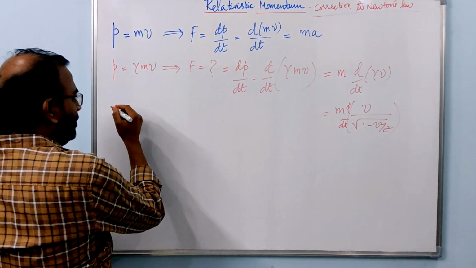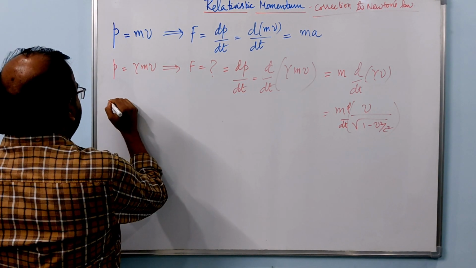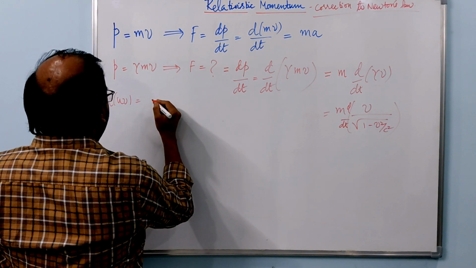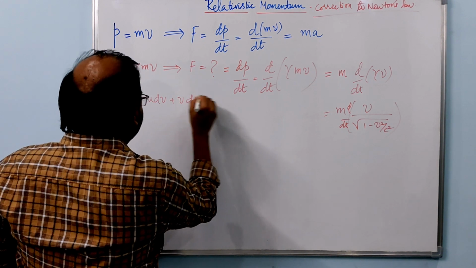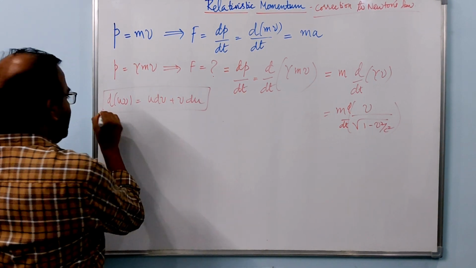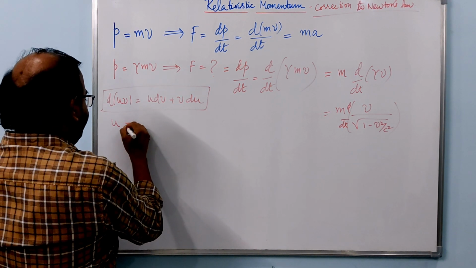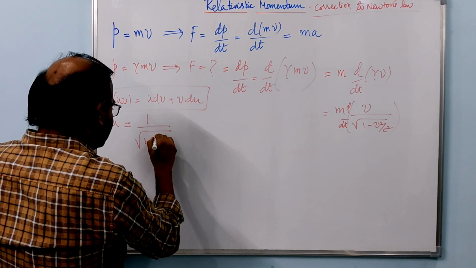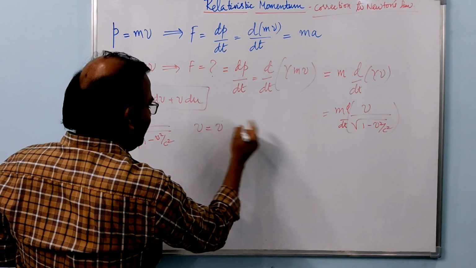And here we do the uv rule of differentiation: differentiation of u times v is equal to u dv plus v du. This is the general rule which we are going to apply here. We take u to be equal to 1 over the square root of 1 minus v squared over c squared, and our v will be v only.